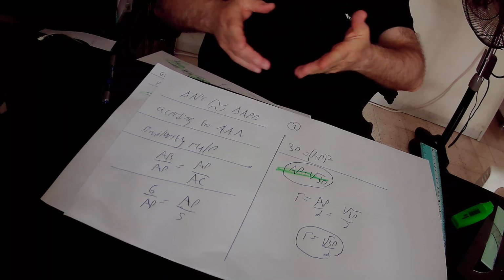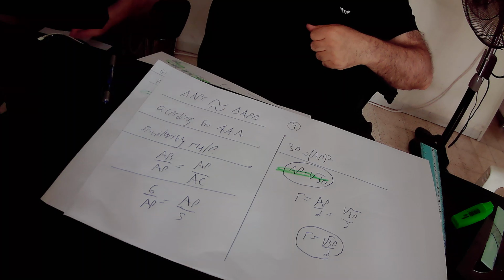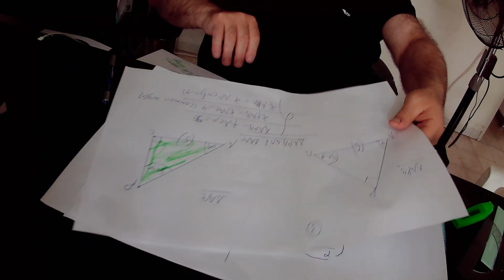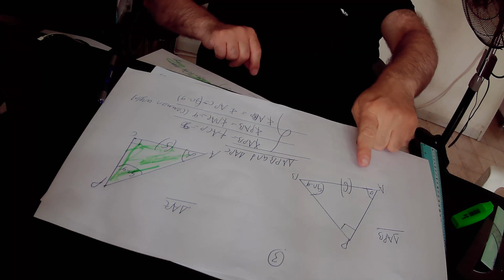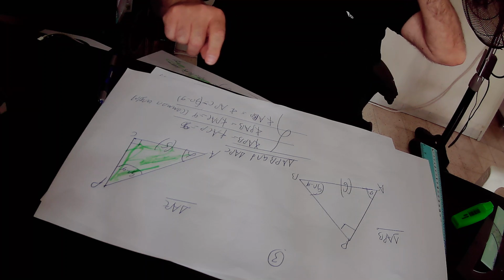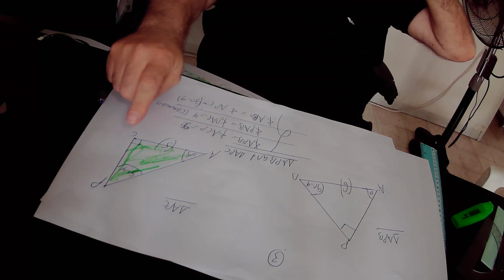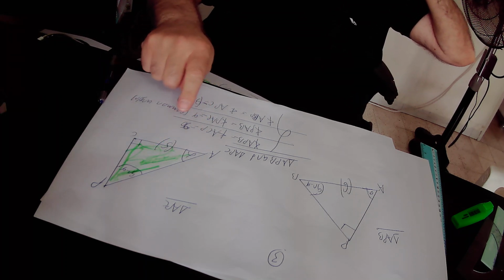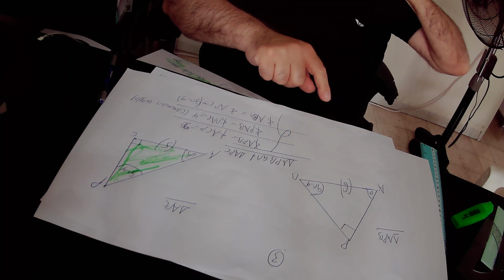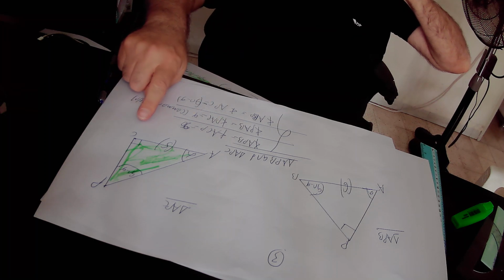And from the fact that the two right triangles are similar to each other, we derive that the following relationship exists between their sides. Side AB in the right triangle APB over side AP in the green triangle equals side AP in the white triangle over side AC in the green triangle.